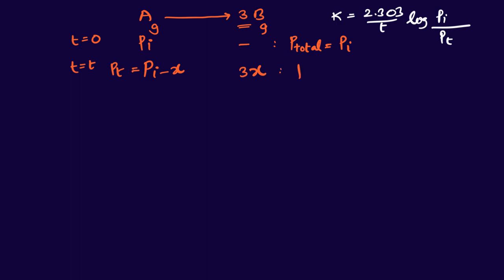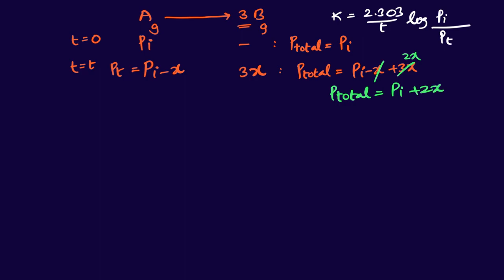Now pressure total is equal to Pi minus x plus 3x. In this, 1x cancelled and 2x is left. Therefore, pressure total is equal to Pi plus 2x.